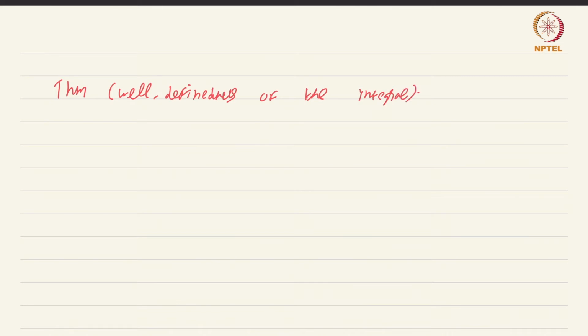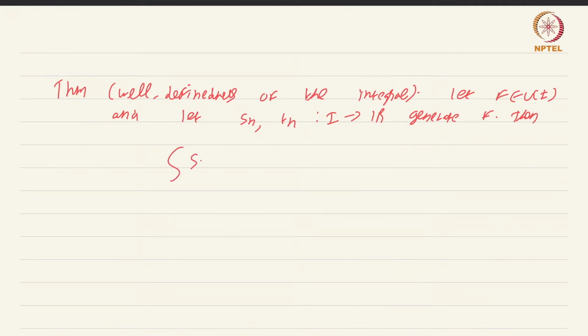So let f be an upper function and let Sn, Tn from I to R generate f. Then the limit as n goes to infinity of the integral of Sn is equal to the limit as n goes to infinity of the integral of Tn.